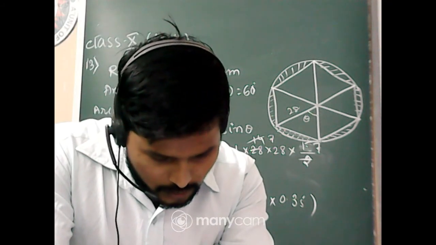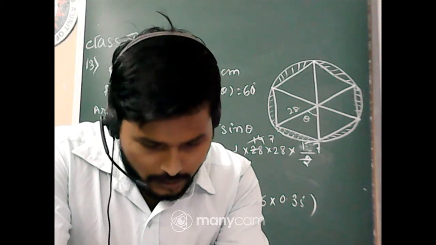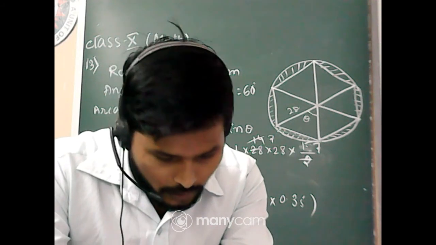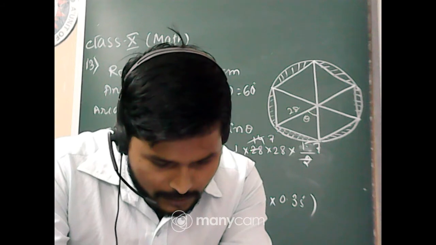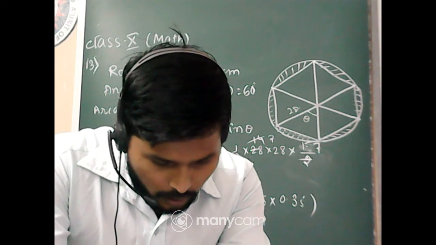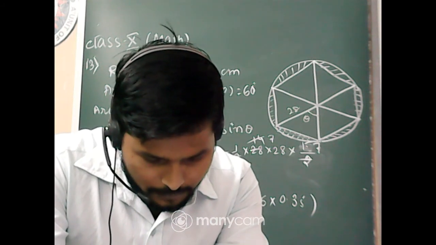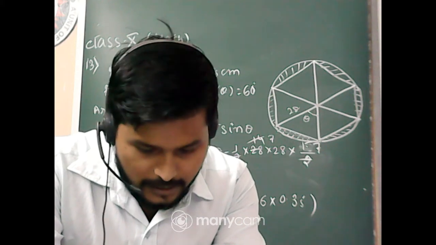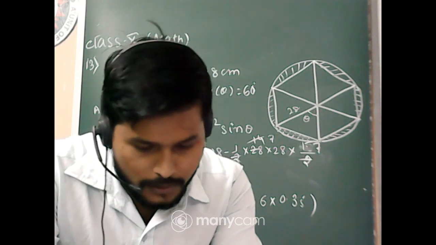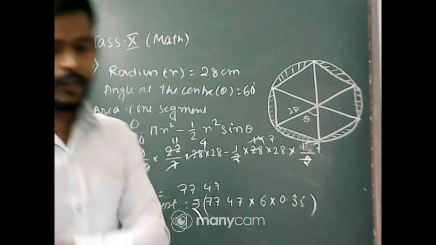The next question is, tick the correct answer in the following. Area of a sector of angle P degree of a circle with radius R is. 4 options are given. Tell me which will be the correct answer.